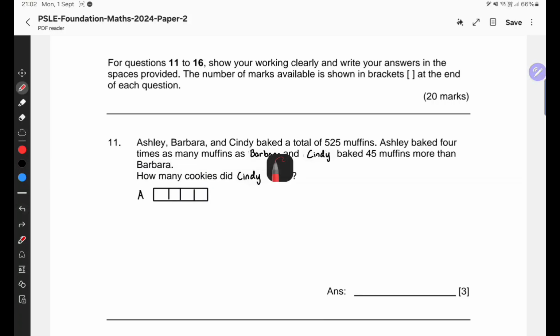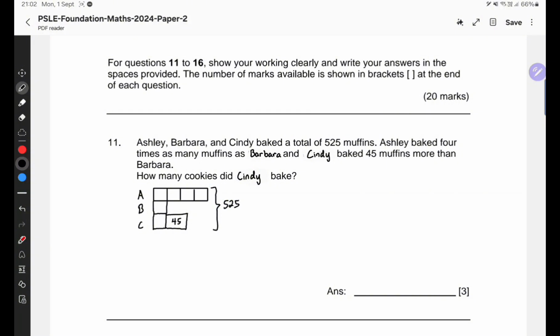Okay, and Barbara will be left with only 1 unit. Okay, Cindy baked 45 muffins more than Barbara. So if Cindy is here, you will bake 45 more muffins. But we don't know how much is 45, so we're just going to draw a big block. And the whole thing is 525 muffins.